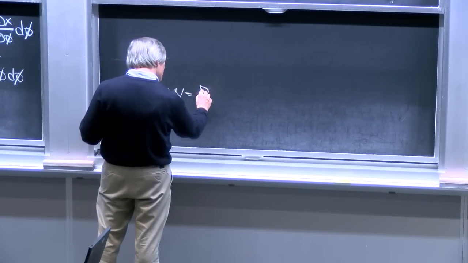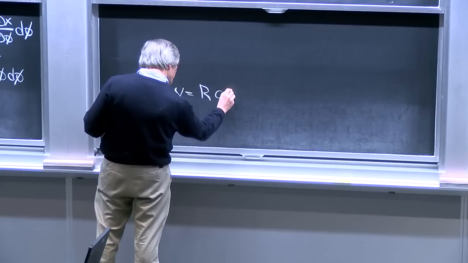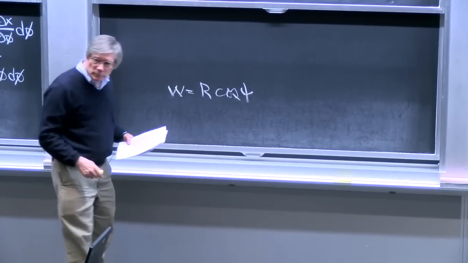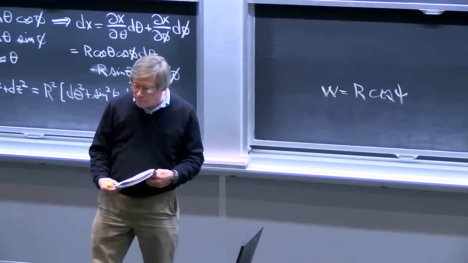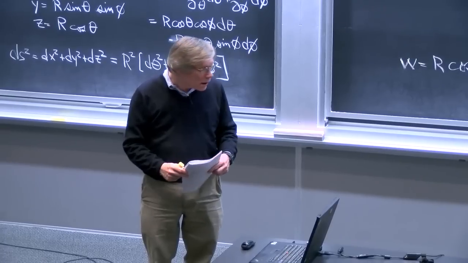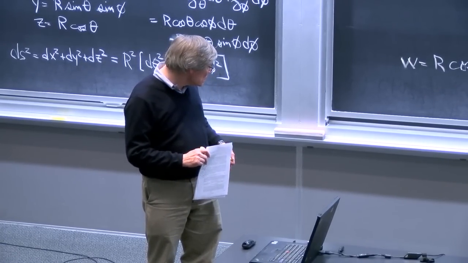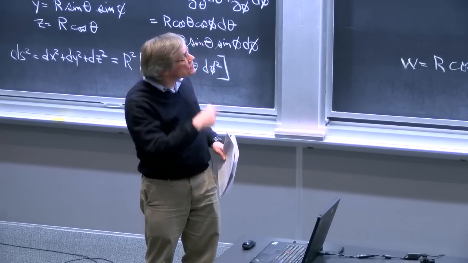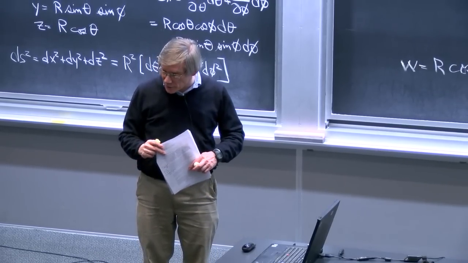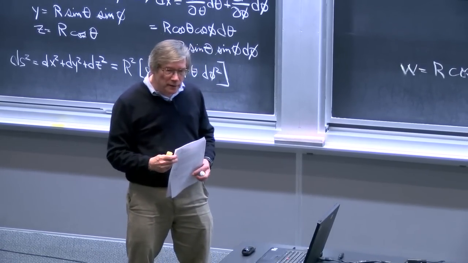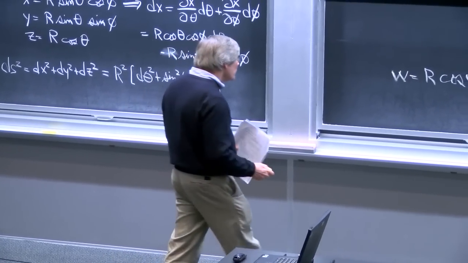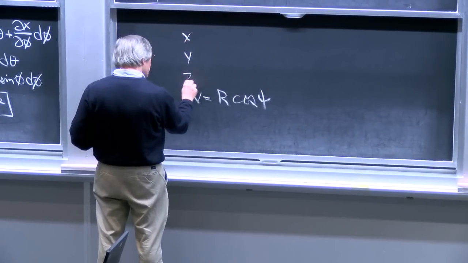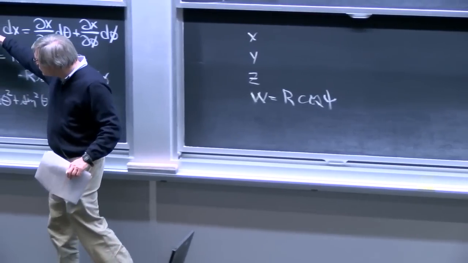W, we already said, is just r times the cosine of psi, just coming from the fact that psi is defined as the angle from the point to the z-axis, to the w-axis rather. And that's enough, as you can see from the picture, to imply that w is equal to r times cosine psi. The other points, x, y, and z, really just follow by induction from what we already know.